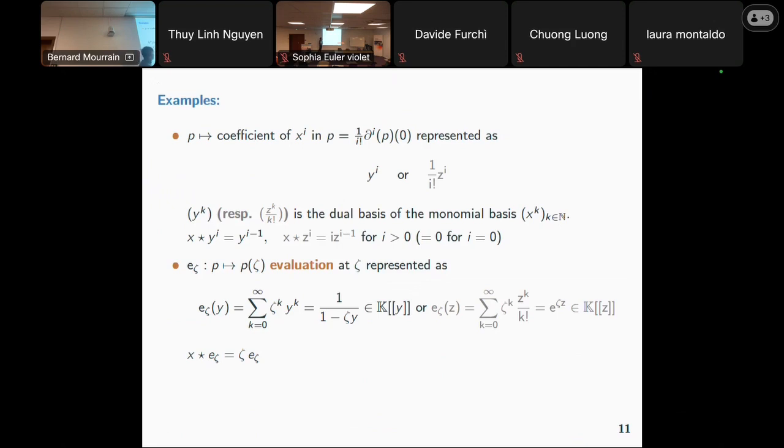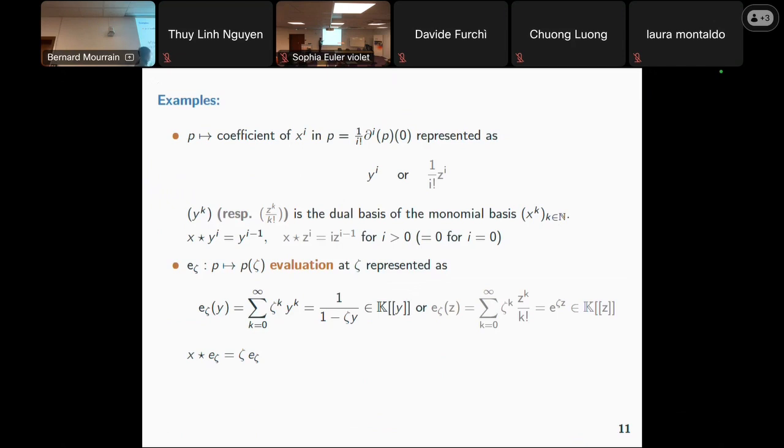And the product here of x with z^i, this is i z^(i-1).